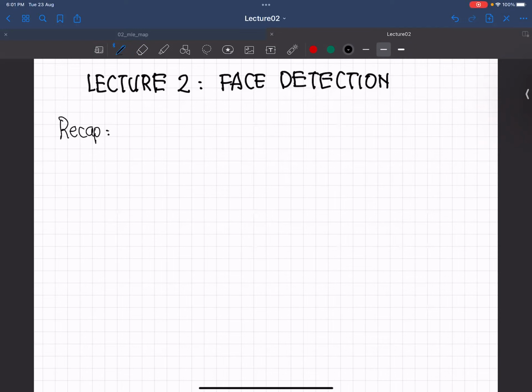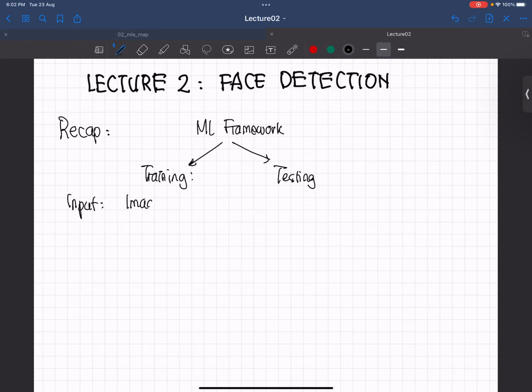So in face detection, we follow a machine learning framework, the ML framework, where we have a training stage and a testing stage. In the training, the input is data, in this case an image or images, plus their labels.